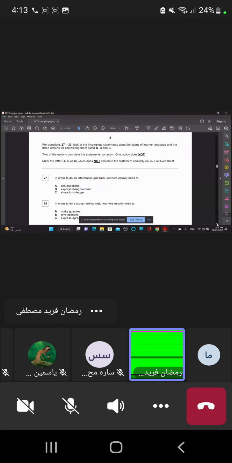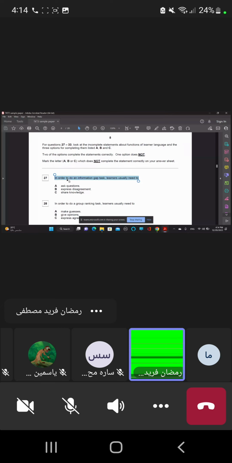For questions 27 to 33, look at the incomplete statements. This is an incomplete statement: In order to do an information gap task, learners usually need to A. ask questions, B. express disagreements, or C. share knowledge.